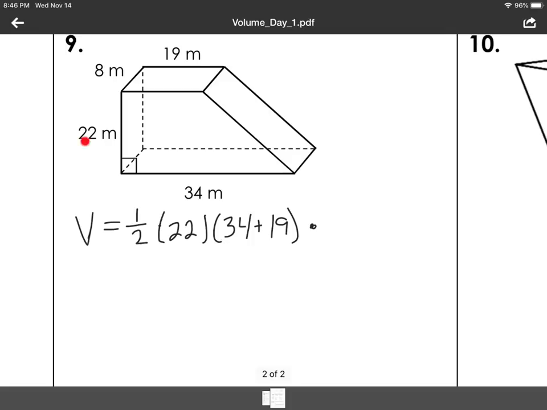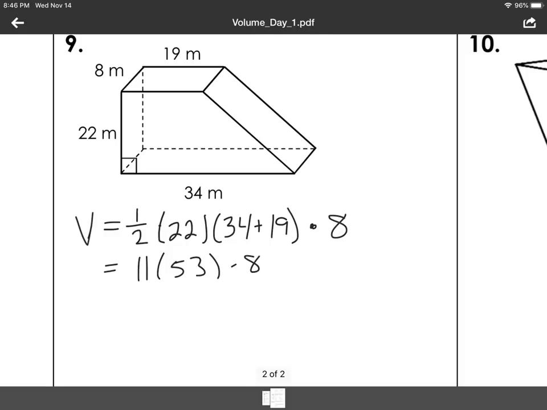Now in this one, it looks like 22 is the height of the prism, but you have to think about the fact that this trapezoid would be laid down flat. So the height of the prism, like I said, is the distance between the two trapezoids, so it's going to be 8 meters. 1/2 of 22 is 11. So now I have 11, and then 34 plus 19 gives us 53.